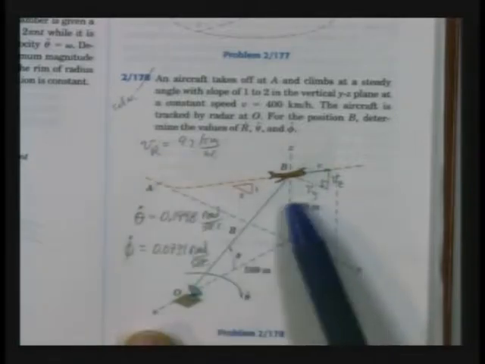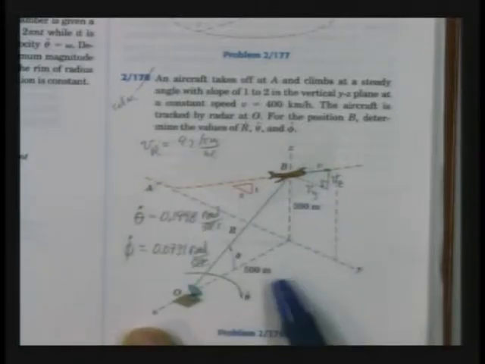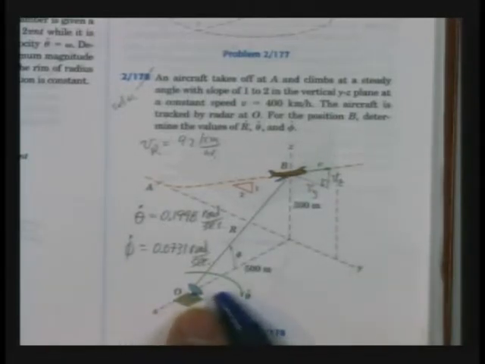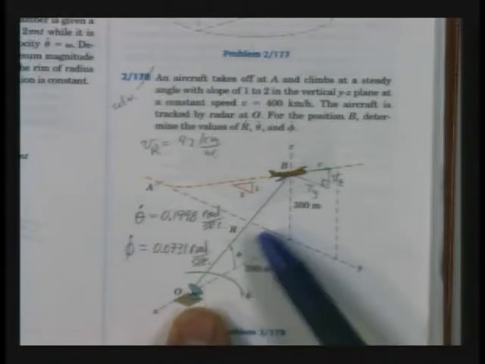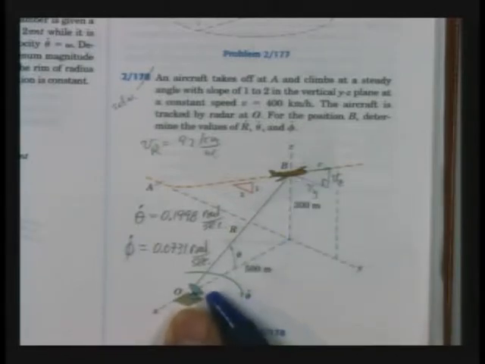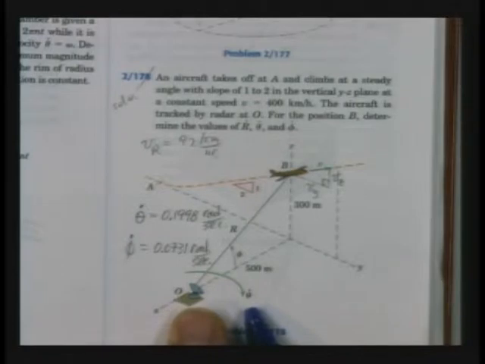Here's what's going to help you. Since the tracking device, the radar, is locked onto the aircraft, you can see that the tracking device is rotating to the right, shown here as theta dot. Is theta dot positive or negative? Based on the derivation of coordinates we looked at the other day, it's going clockwise.